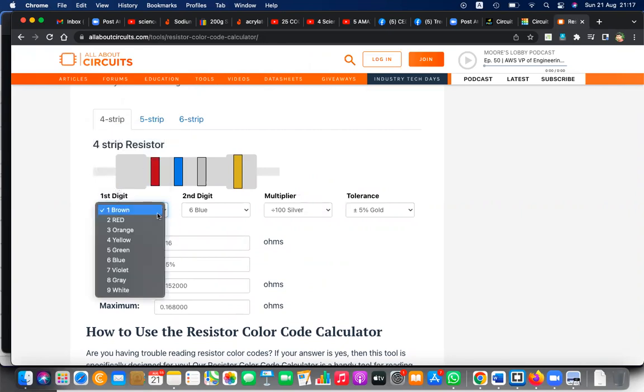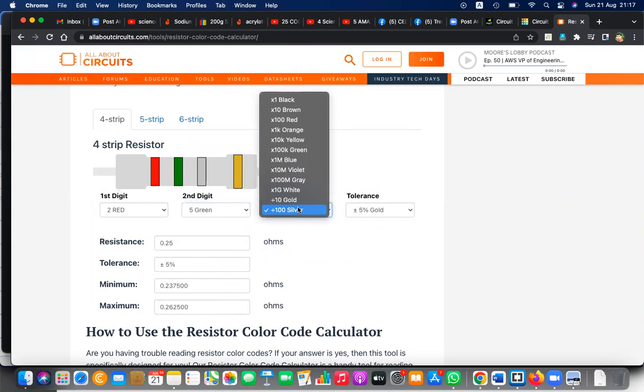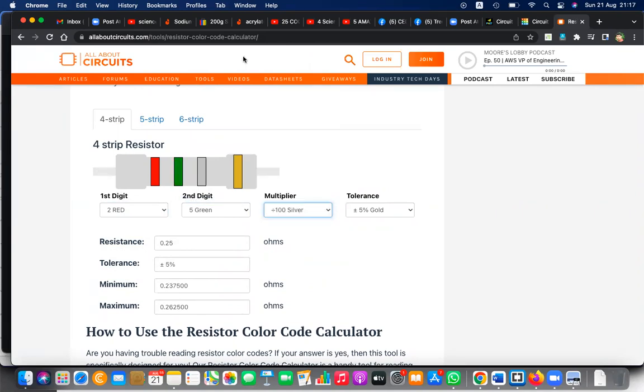Let's say the first is red, the second is green, and for the third let's put silver. Let's put green there. So green, you can see 0.55 ohms. You can change the color, right?